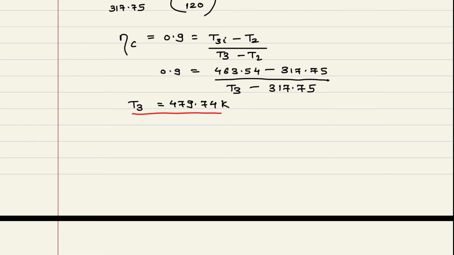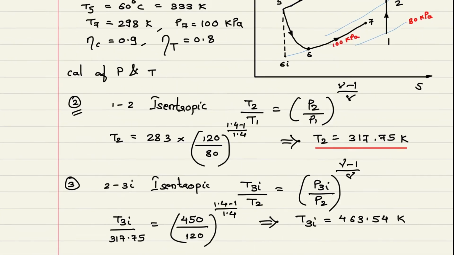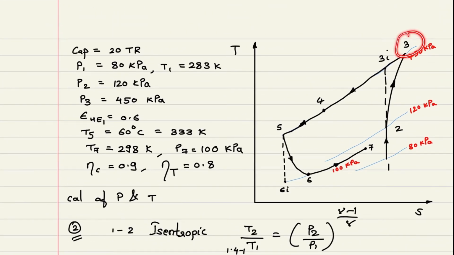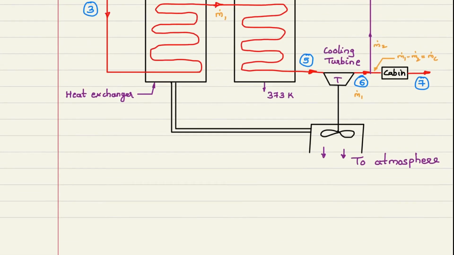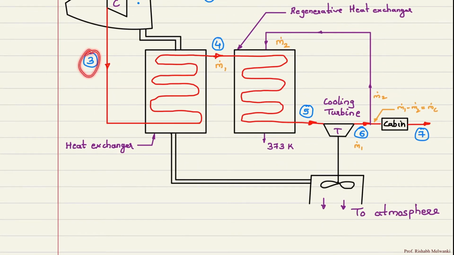So we have calculated actual temperature T3. Now 3 to 4, what is this process? This will be constant pressure heat rejection in heat exchanger.